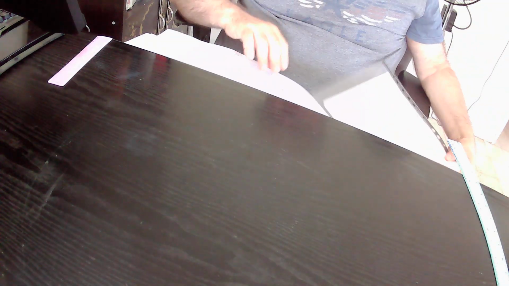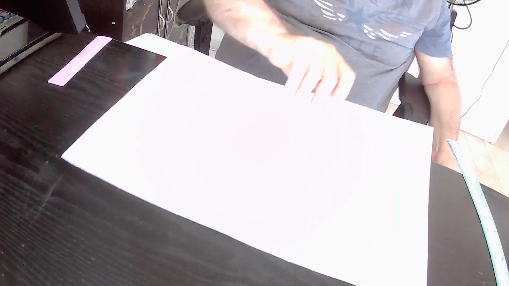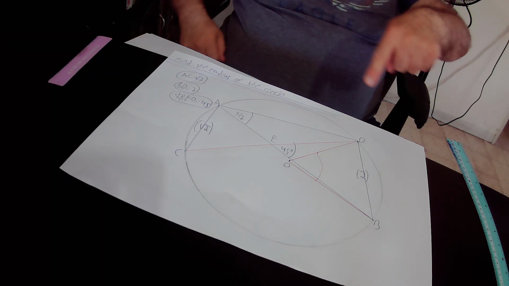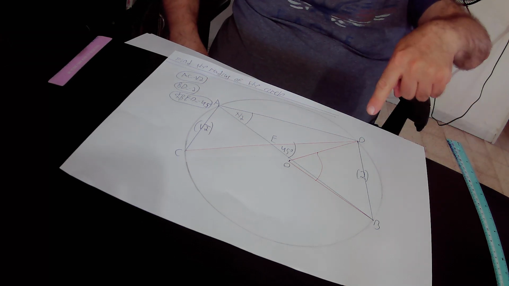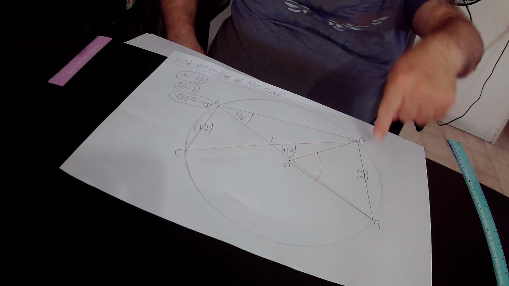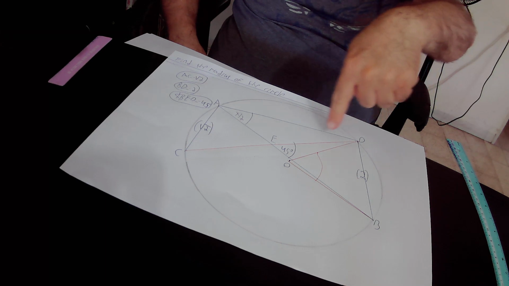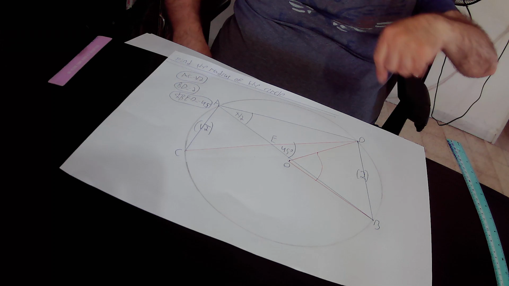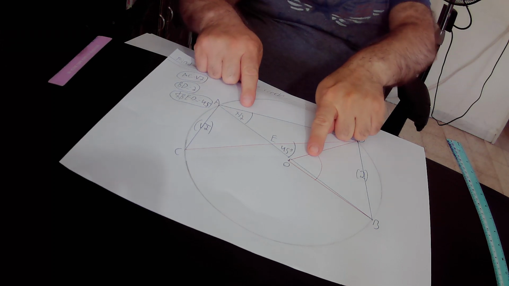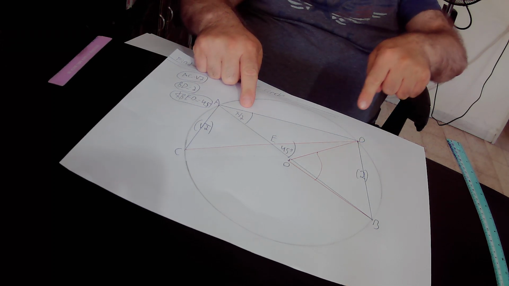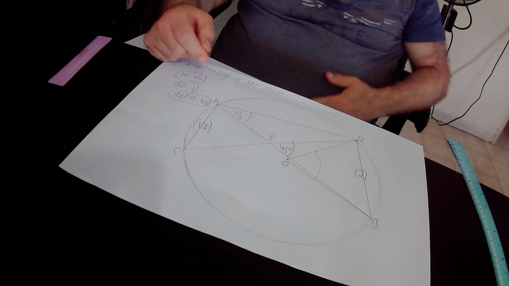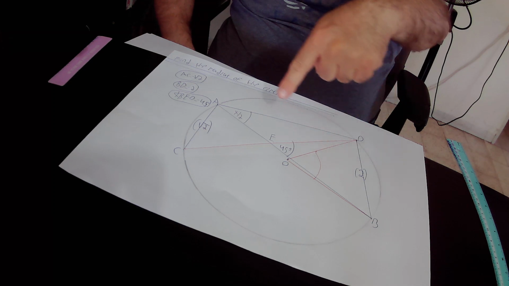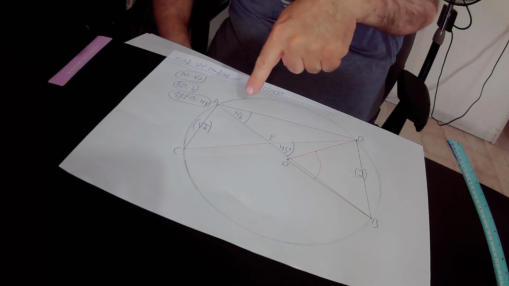Why? Because in our drawing we have peripheral angle DAB that is subtended on chord DB, and this is central angle DOB that is subtended on the same chord called DB. So those two angles are both subtended on the same chord called DB, and therefore the size of this central angle DOB must be twice as large as the size of this peripheral angle DAB.